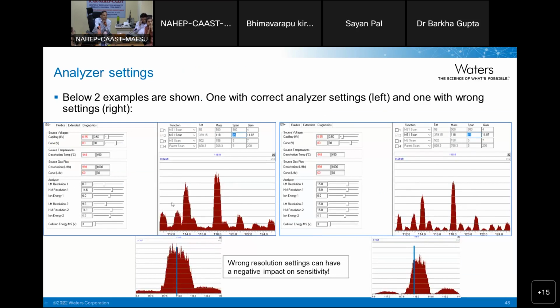If you see some changes in these values, those values are not correct, and you can get decreased sensitivity. So whenever your calibration has been performed, you get some resolution values. Those resolution values have to be put in your method.